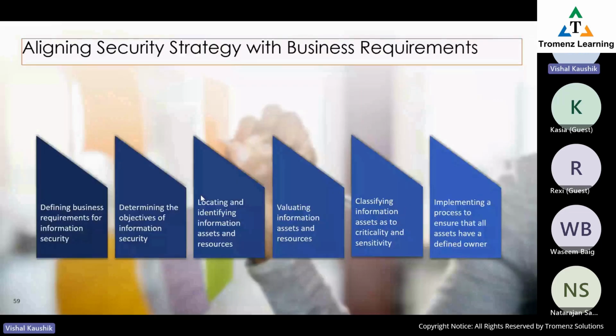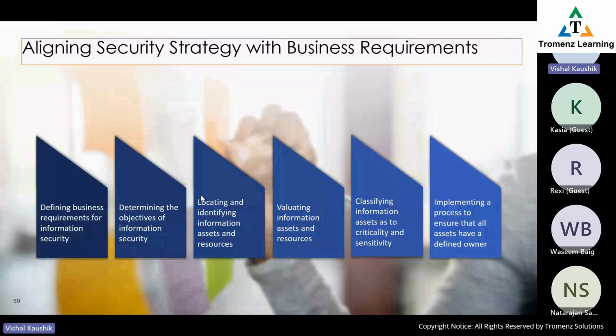Okay. The other thing that you need to be aware of is the linkage, the aligning of the strategy with the business requirement. This is very key. I think I mentioned yesterday the importance of this discussion we are having on the security strategy: it needs to be aligned with the business requirements.